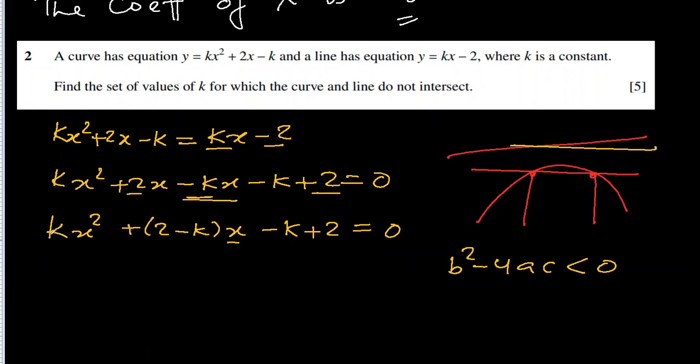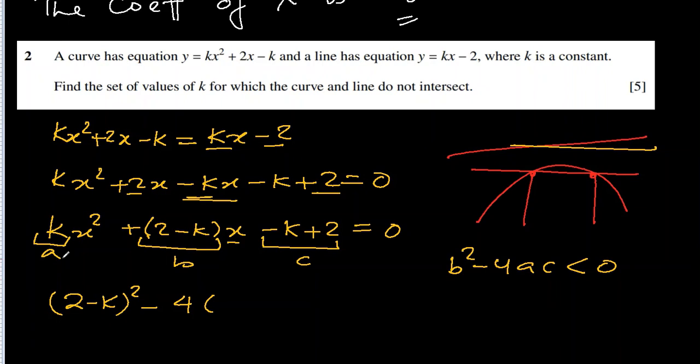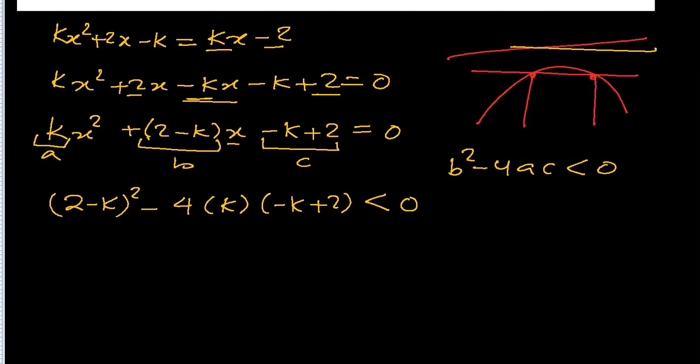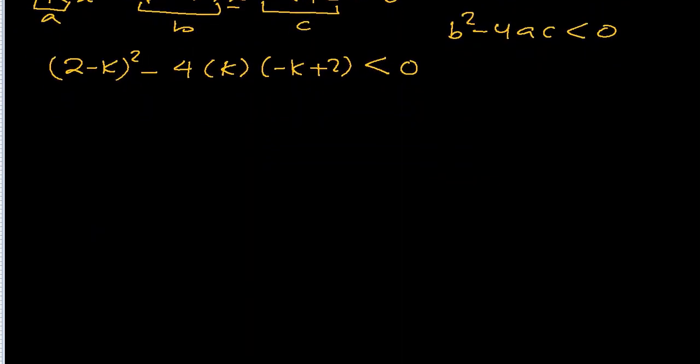And let's do that. This is a for us, this is b, and this is c. Let's substitute them here. 2 minus k is b, so b square minus 4 times ac, where a is k and c is minus k plus 2. And this has to be less than 0 so that there are no real solutions. Now it will become a quadratic inequality by expanding.